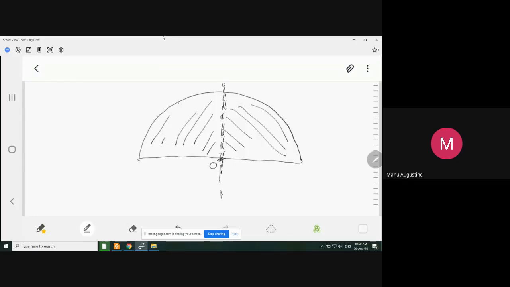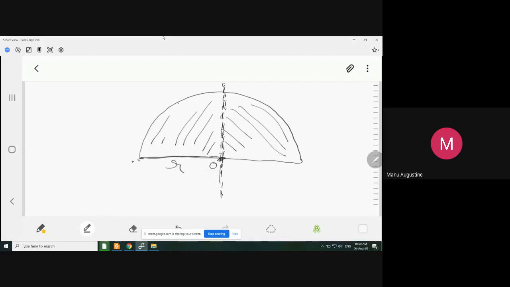But anyway, for a semicircle everybody knows that the line of symmetry is the vertical line like this. Now all you have to remember is where on this vertical line we will find the centroid. Let us say that the radius of the semicircle is r.